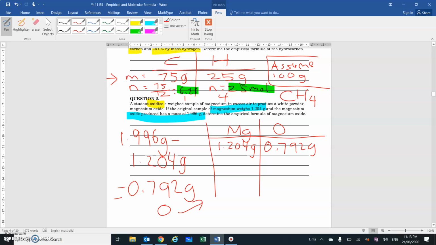We've got the mass, and once we've got the mass, we convert it to a number of mole. n equals mass divided by molar mass. For oxygen, the molar mass is 16, just getting it from the periodic table. For magnesium, we look at the periodic table, it's 24.3.